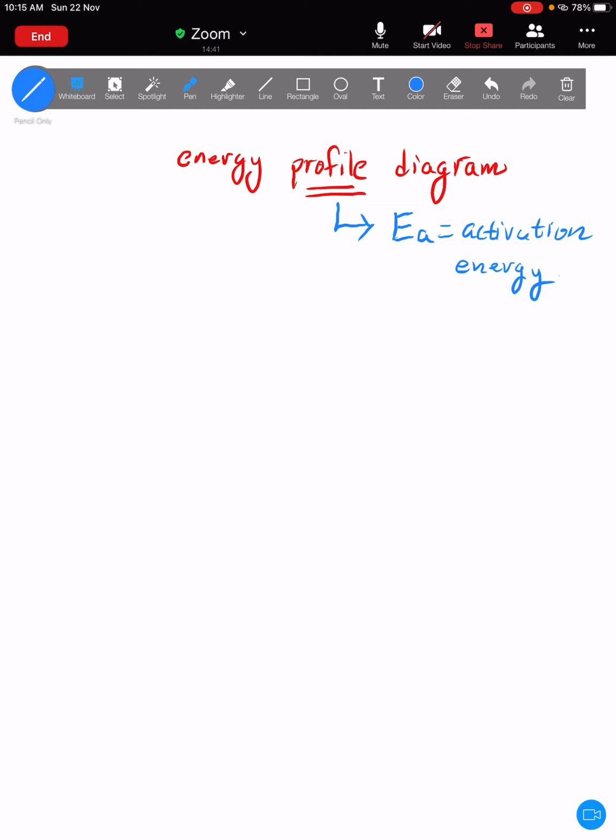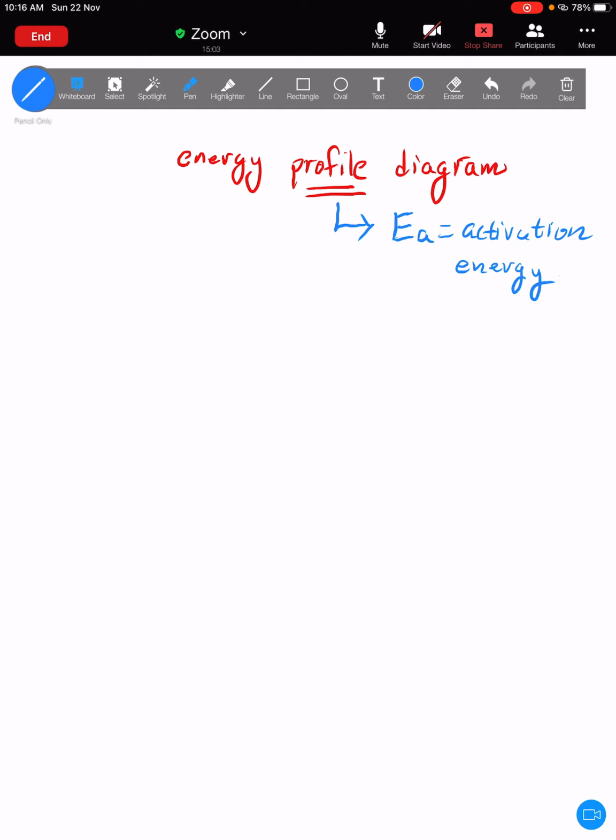I think I go through this chapter with all of you. When I say activation energy, you must always keep in mind a minimum energy. The keyword, you must mention a minimum energy. So activation energy stands for the minimum amount of energy needed to change the reactant to the product.